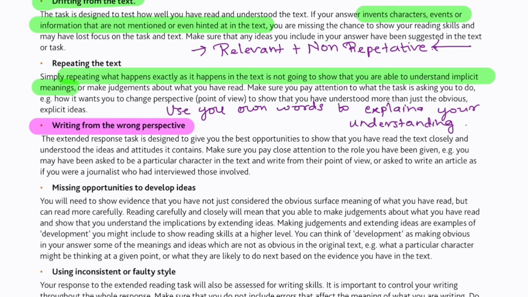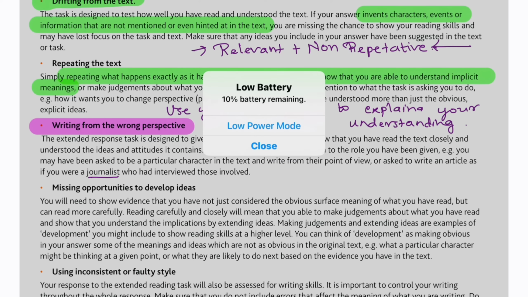So if you are asked to write as a journalist, you have to answer from a journalist's perspective. If you are asked to write from the perspective of a grandfather, put yourself in the shoes of a grandfather, think from his perspective, and then answer the question. So perspective, and sticking to the perspective, is very important.